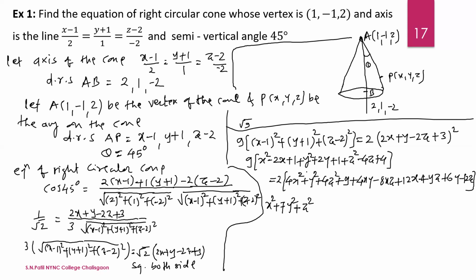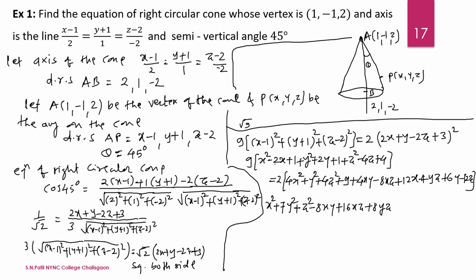Now 2 variable terms, in the left hand side there is no 2 variable term, in the right hand side 2 variable terms. 2 into 4, that is minus 8xy, 2 into 8 is 16, minus 16, it becomes plus 16xz. Now here minus 4 into 2 is 8, that is plus 8yz. Okay, now 2 variable terms are finished.